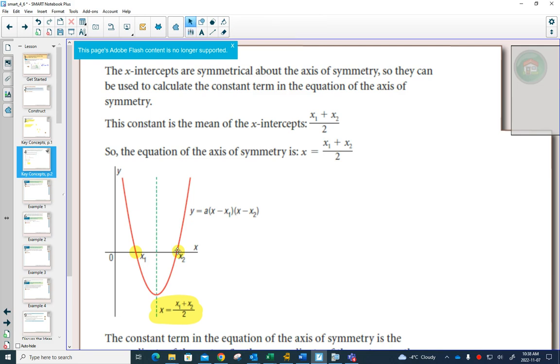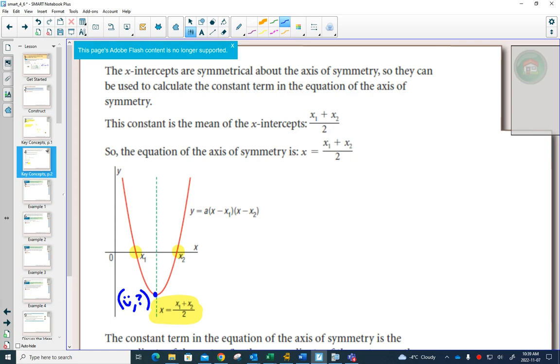So if we have the factored form, we can find our x-intercepts, and we can also find our axis of symmetry, which then tells us the x-coordinate of our parabola's vertex. So I put a smiley face for knowing the x-coordinate, but we still wouldn't know the y-coordinate.